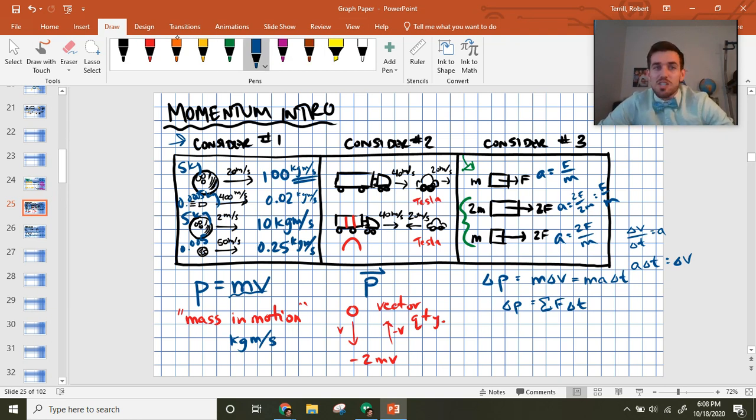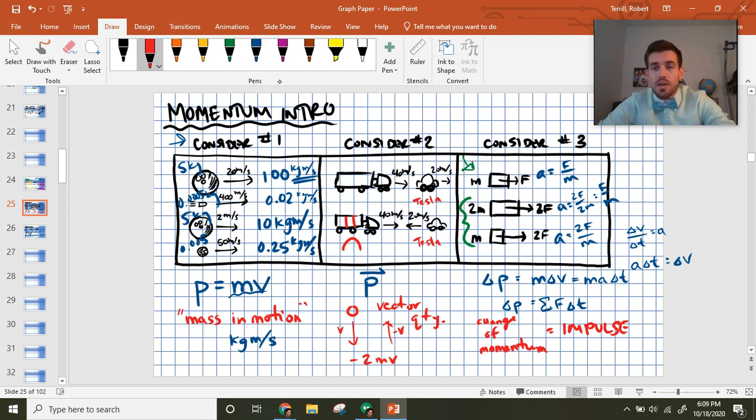But this quantity here that we can call change of momentum has another name, and that other name is impulse. So impulse is how much the momentum changes, and there's 2 ways to calculate it.